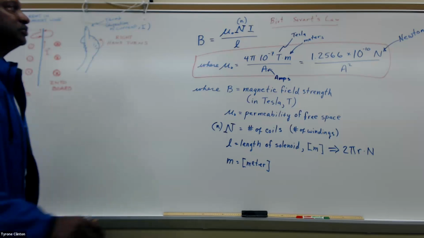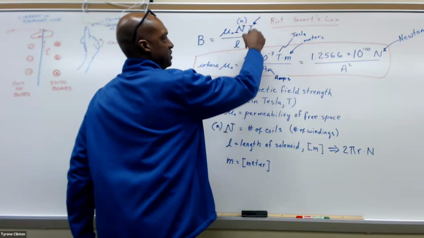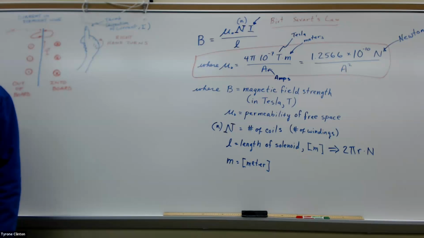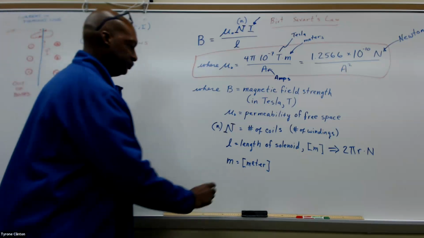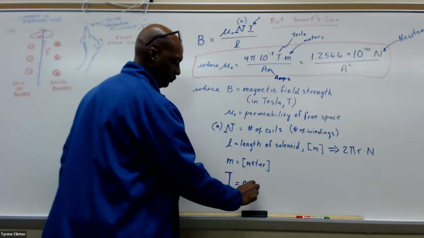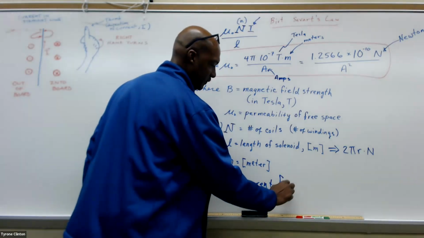So what you're going to plug in here, though, are going to be units of amps. I is the current there. Okay. So I is the current. Let's write that down. It's going to have units of amps.